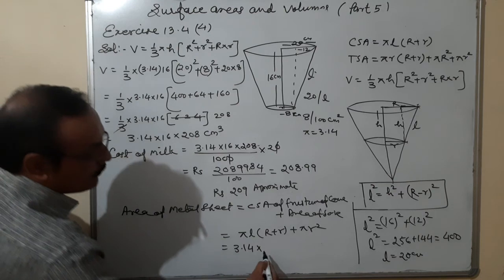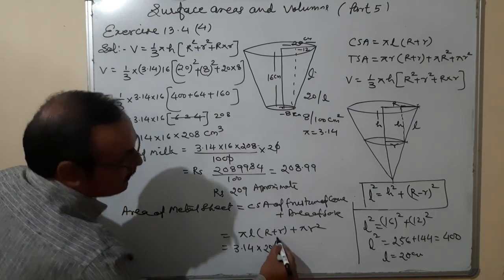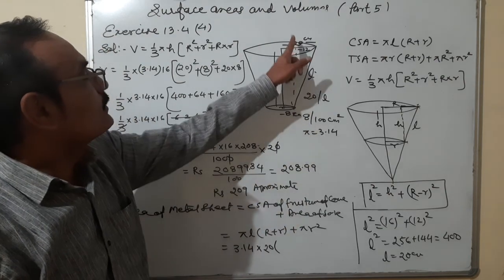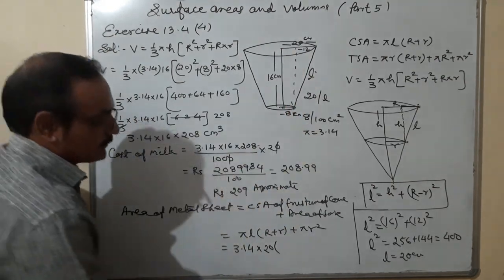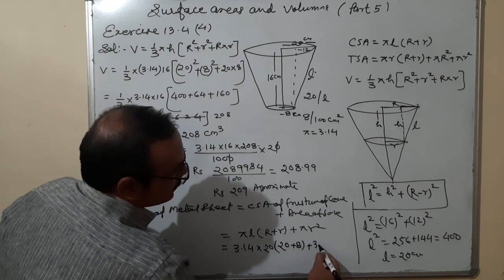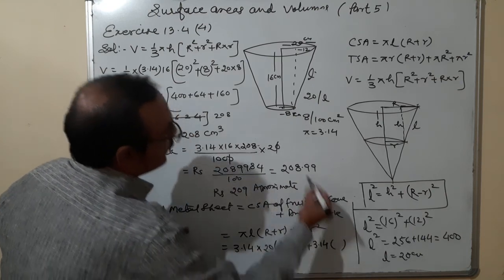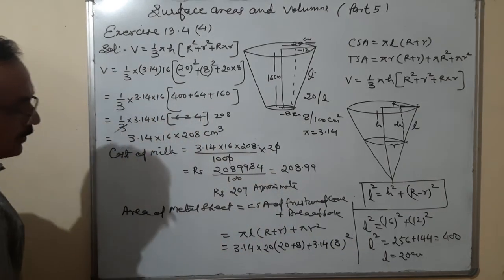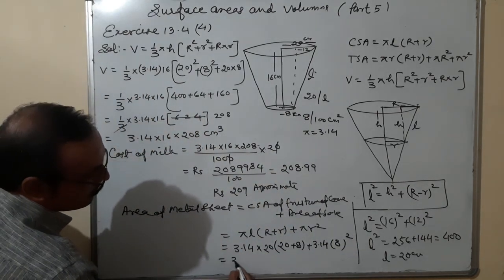So 3.14 into 20, R plus R, 20 plus 8, and plus pi R square, 3.14 into small radius 8 square. How to solve it? 3.14 common.